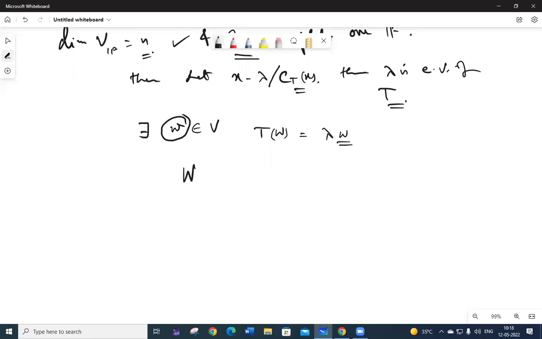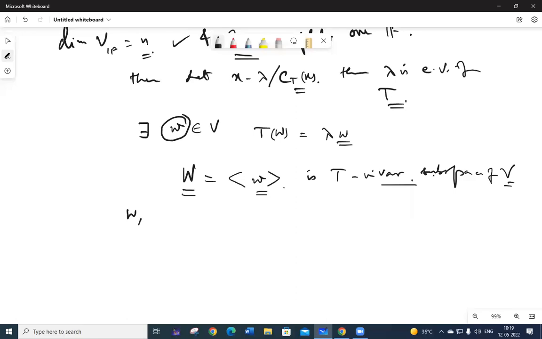I may take a vector space which is generated by this W. All right. This is a T invariant subspace of V.